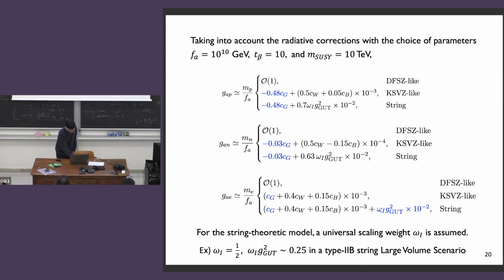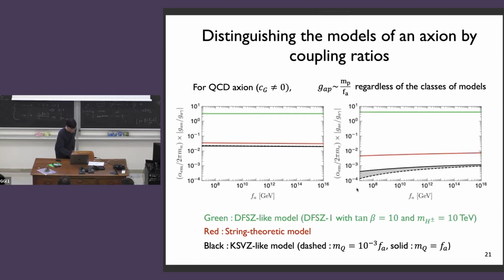And here this omega i is positive. In principle, this sign should be determined by theory, but this sign determination is quite a subtle issue. But yeah, we do our best and we find that this is plus. But if this is minus, then there will be cancellation between this loop contribution and the tree-level contribution. And string theoretic prediction can be as small as this. In this case, it will be difficult to distinguish between the two. However, fortunately, if this sign is correct, then we get this result.